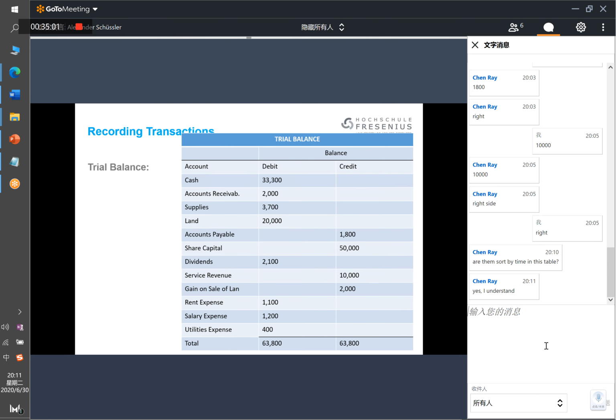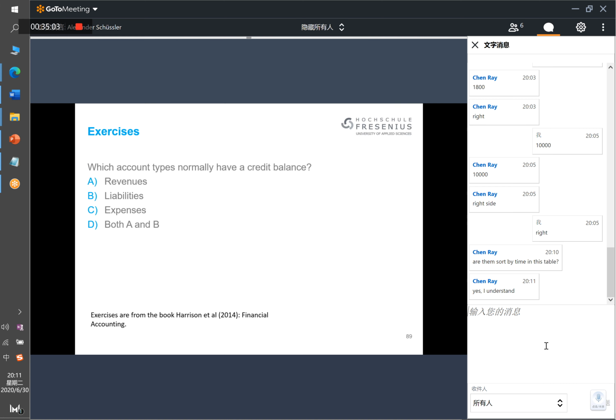Okay, we have a couple of exercises, and you should try to solve them. Which account types normally have a credit balance? Think about it and then tell me what is correct.